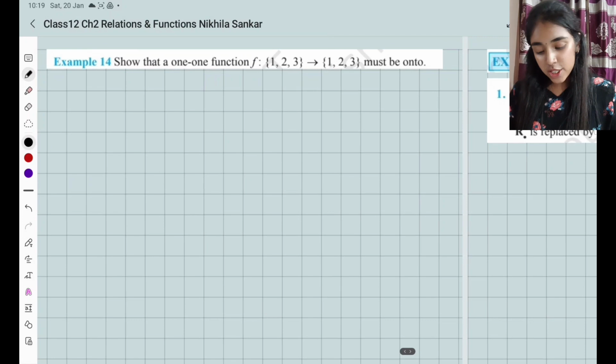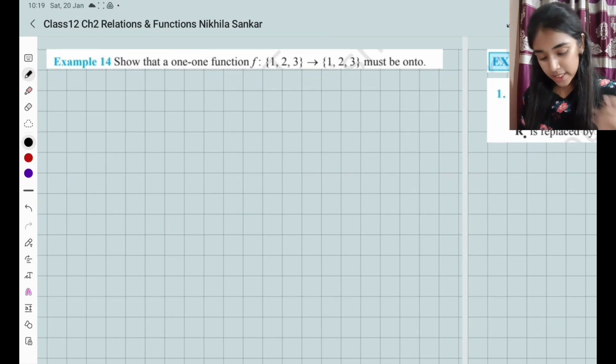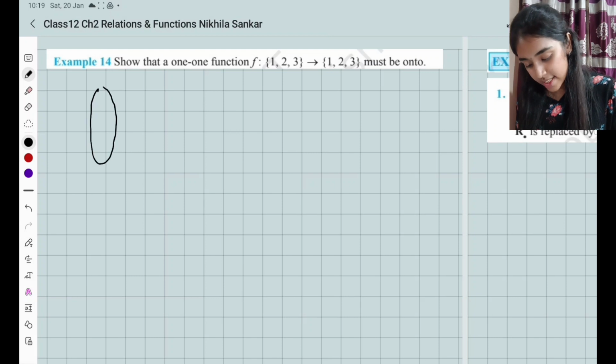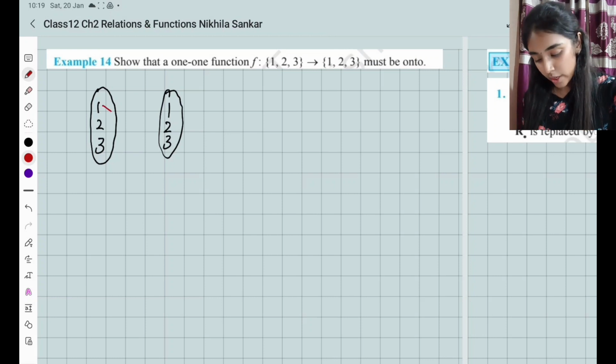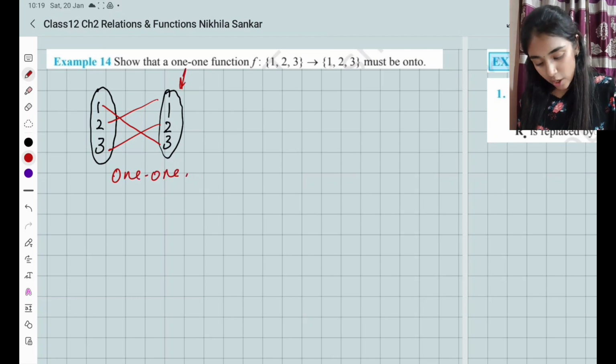Example 14. Show that a one-one function must be onto. What does that mean? Similarly 1, 2, 3 and 1, 2, 3. We are looking at the example he has given. So 1, 2, 3 and you have 1, 2, 3. Now, like the previous question, if I map, what happens? I'll map 1 to 3, 2 to 1, 3 to 2. Now this is going to be a one-one function. Now what does onto mean? On the range side, the output side, all the elements should be used. So obviously when you do a one-one function, it is always going to be mapped.